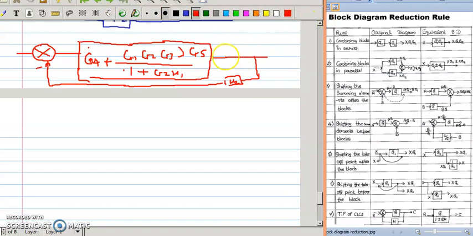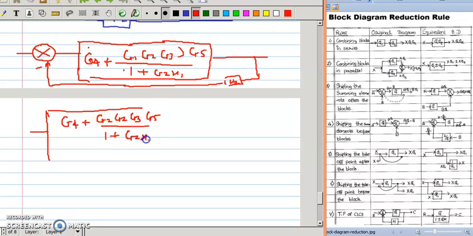Okay, now again use the elimination rule, so the block becomes much bigger. The forward block, that is G4 plus G1, G2, G3, G5 divided by 1 plus G2 H1, right? Divided by 1, it becomes plus because the feedback is minus here, right?